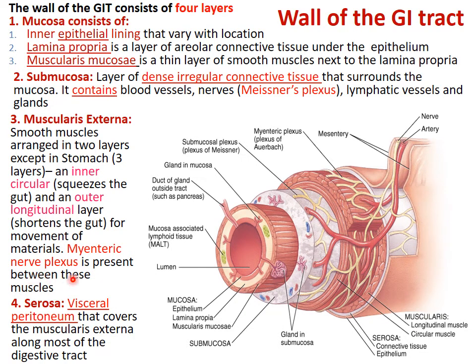Present between these muscles is the myenteric plexus, a nerve plexus. Just like Meissner's nerve plexus was present in which layer? Submucosa. So in the muscularis, the myenteric nervous plexus. Myenteric: myo means muscle, enter means intestine, so muscle of the intestine. If you remove these two muscles, can you see this nervous plexus?